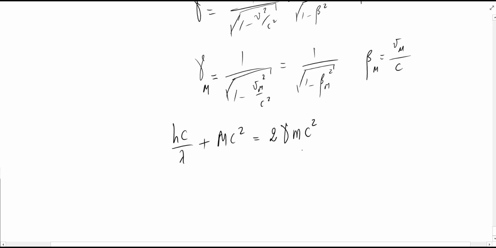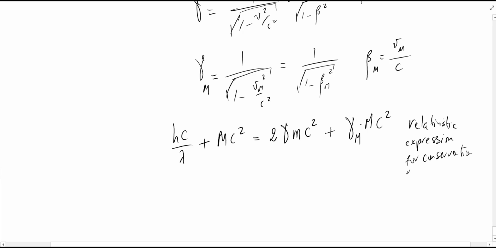That is their total energy, plus the energy of the particle M, and they tell us to specifically use relativity here: gamma M times the mass times c squared. So this is, in a nutshell, the relativistic expression for conservation of energy in this collision.